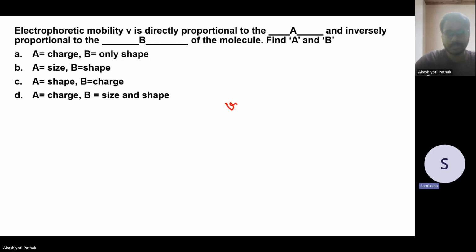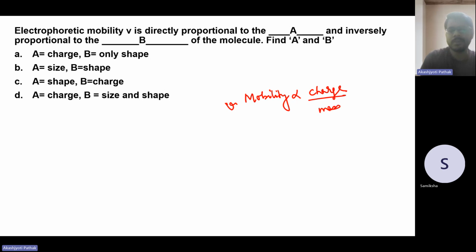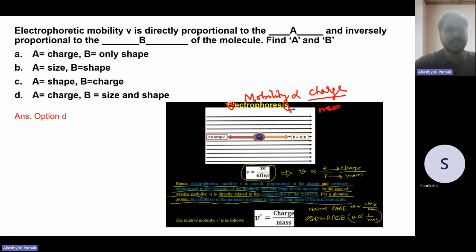The more the charge, the higher the electrophoretic mobility, and the lesser the molecular weight, the higher the mobility. So this is an easy question.